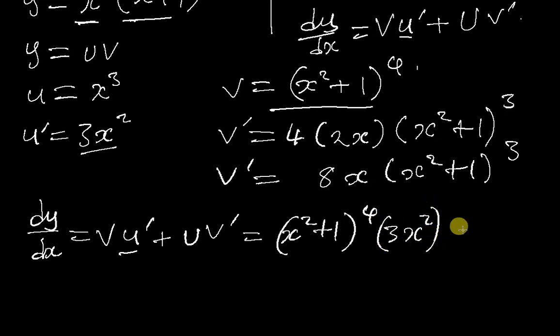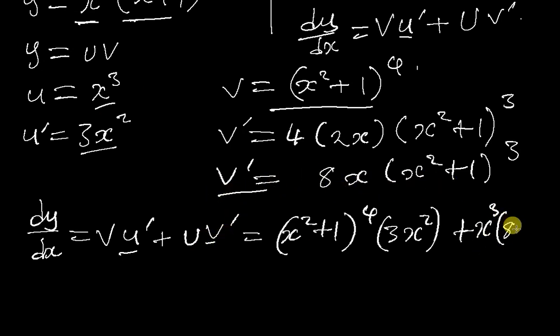Then we say plus our u, which in this expression is simply x to the power 3. So we put x to the power 3 there. Then open brackets, we have our v prime. V prime is simply 8x.